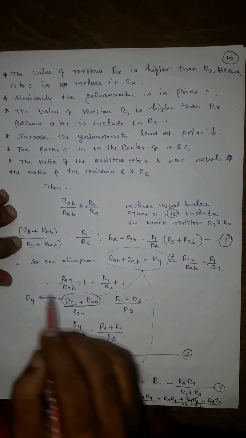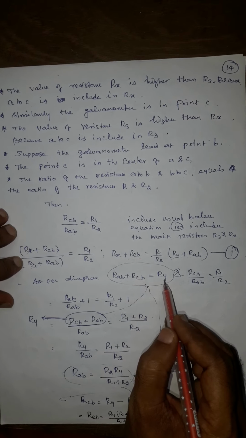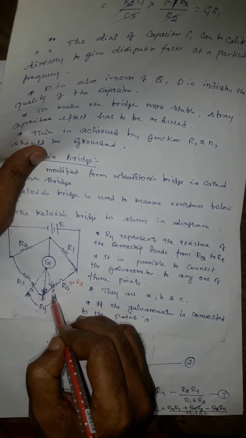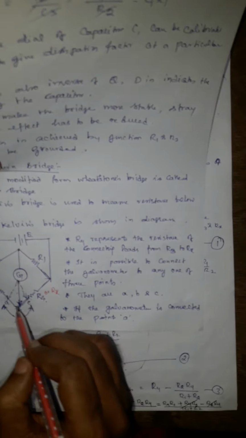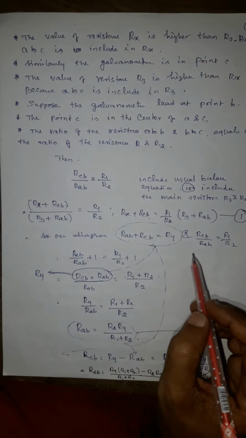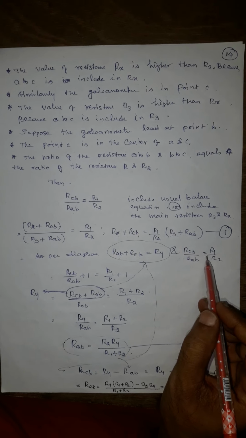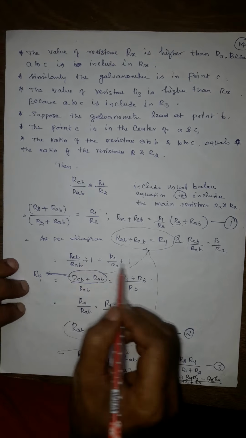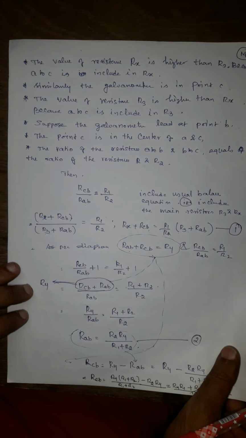As per the diagram, RAB plus RCB equals Ry. Then RCB divided by RAB equals R1 divided by R2. Adding 1 on both sides, the equation does not change.